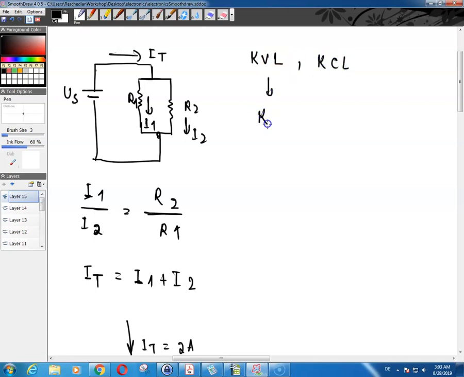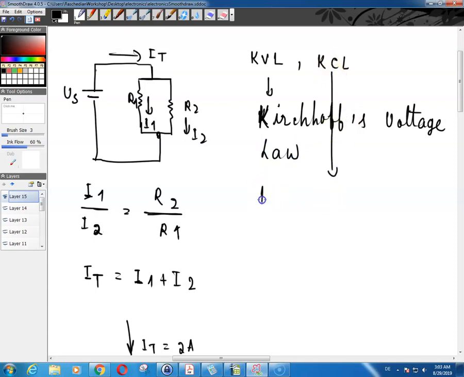This is the Kirchhoff's voltage law, and this over here is the Kirchhoff's current law.